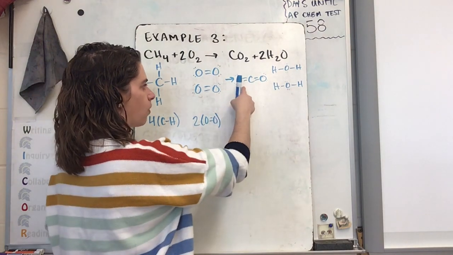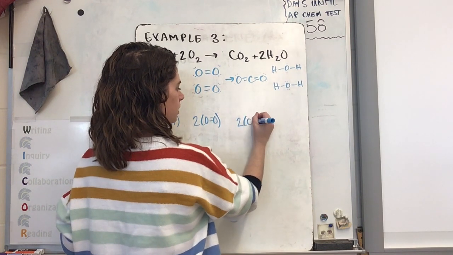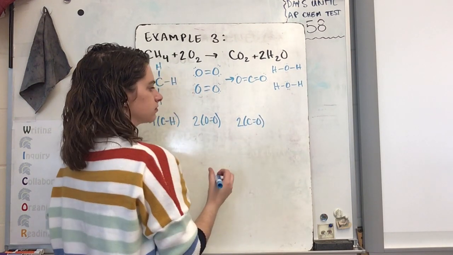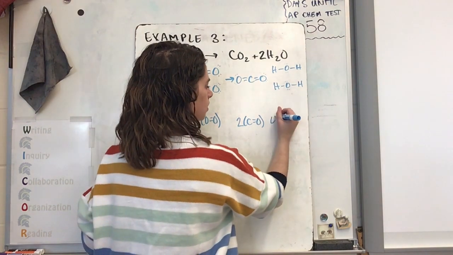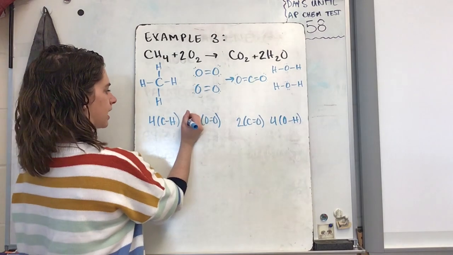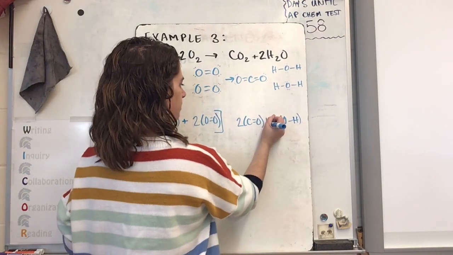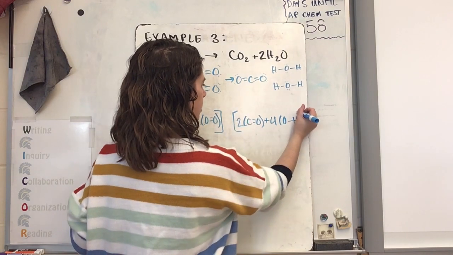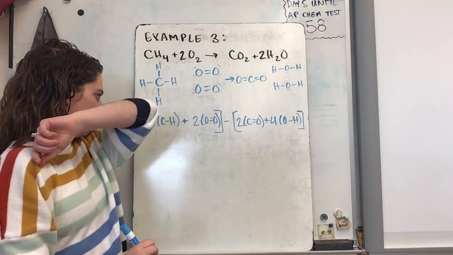Okay, and then we're going to form 2 CO double bonds. And we're going to form 1, 2, 3, 4 oxygen hydrogen bonds. So we're going to add up everything from our reactants. We're going to add up everything from our products. And then we'll subtract them.